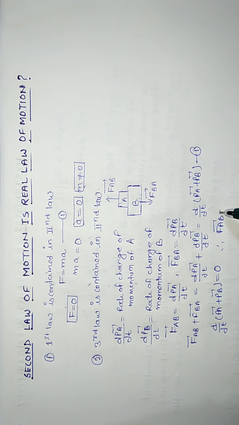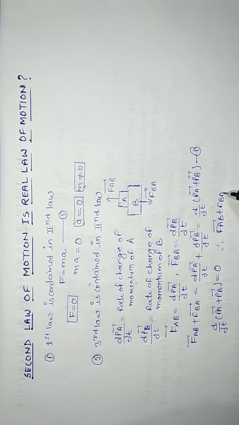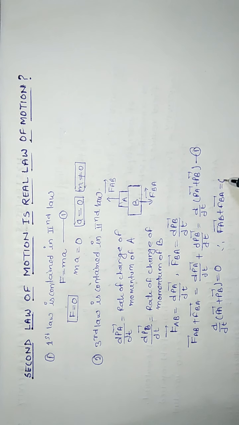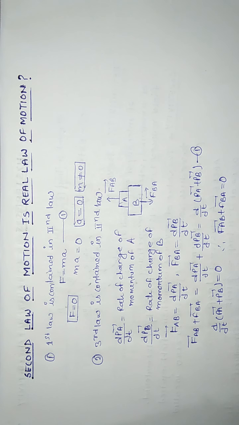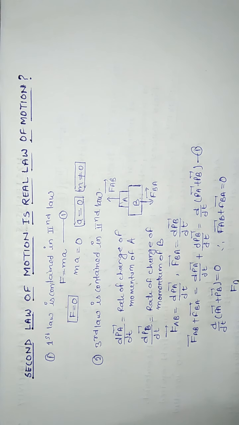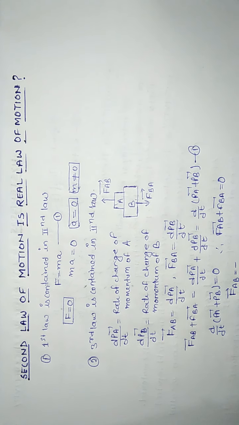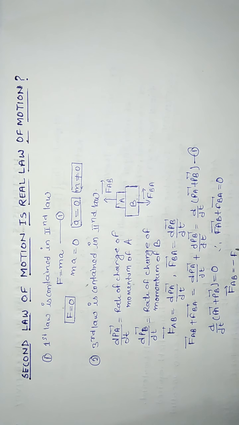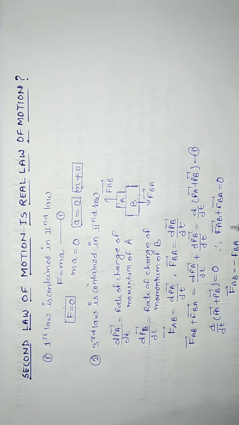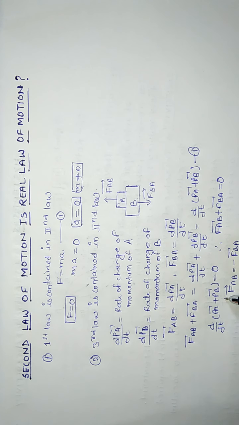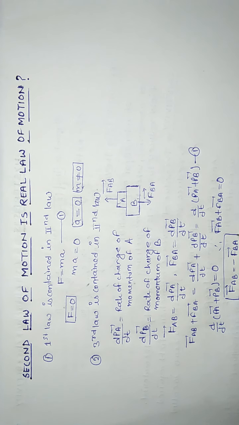FAB plus FBA is equal to 0, or we can write FAB is equal to minus FBA, which is Newton's third law of motion.